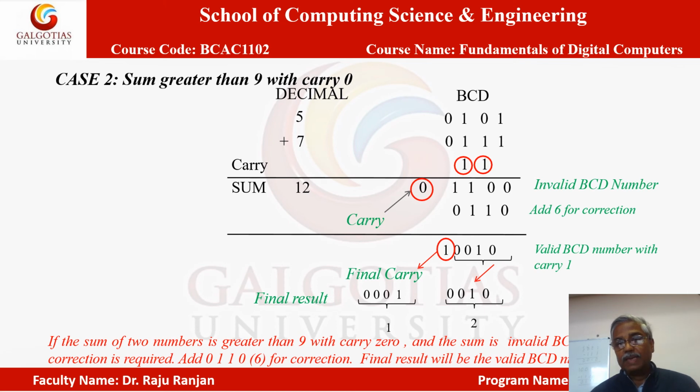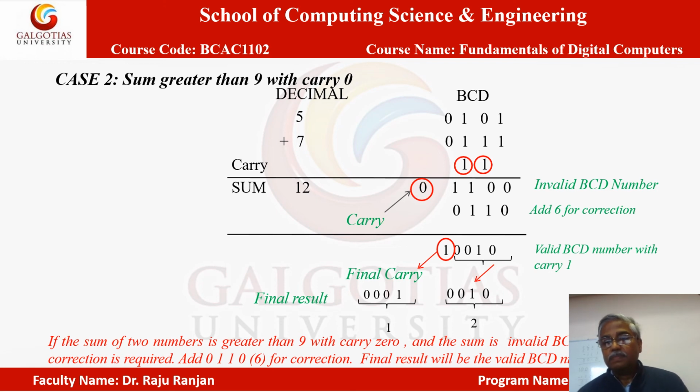So perform the addition. 1 plus 1 is 0, carry 1, then this carry 1 plus 0 plus 1 is 0 again and then again carry 1. Now 1 plus 1 plus 1 is 1 and again carry 1. Then 1 plus 0 is 1. Here the number is 12, 8 plus 4 is 12, but there is no carry, meaning the sum is greater than 9, that is 12, and carry is 0.